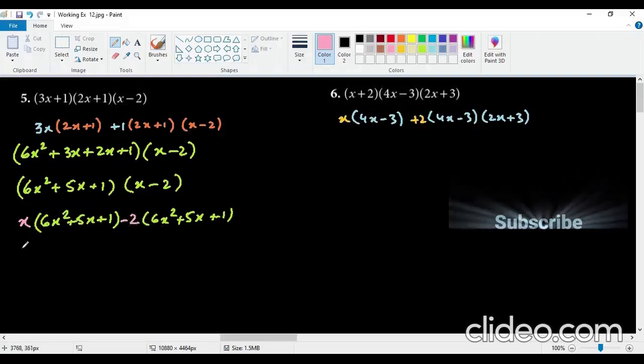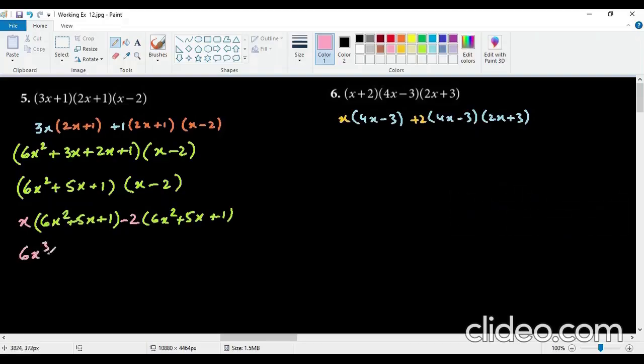So first one is going to give me 6x cube plus 5x square and plus x. This one from here is going to give me negative 12x square, and minus plus is a minus, minus 2 times 5 is a 10x, and minus plus is a minus 2.